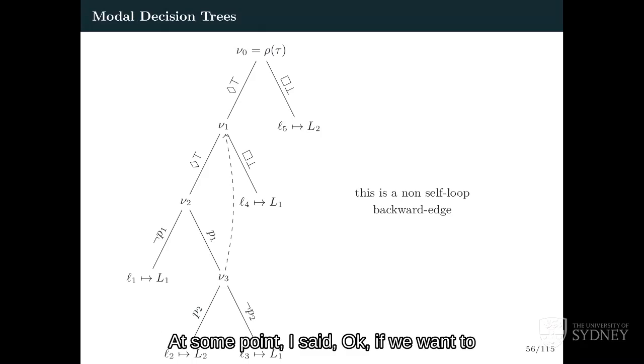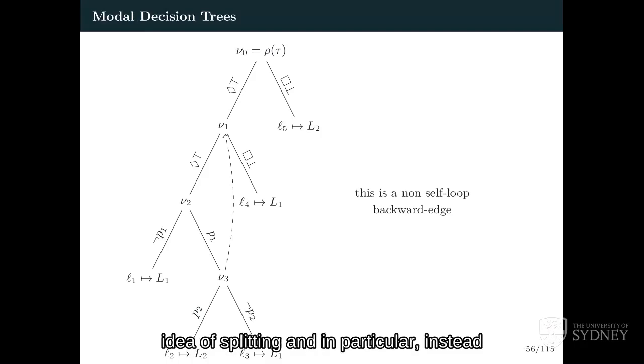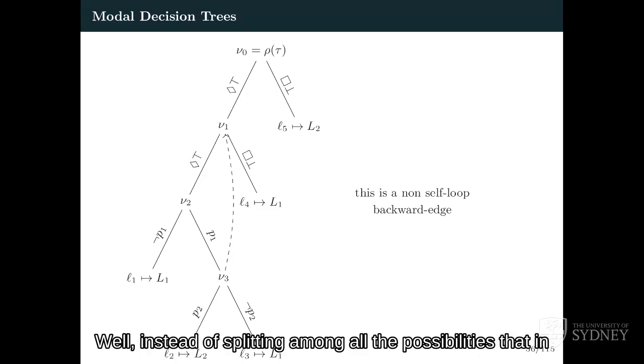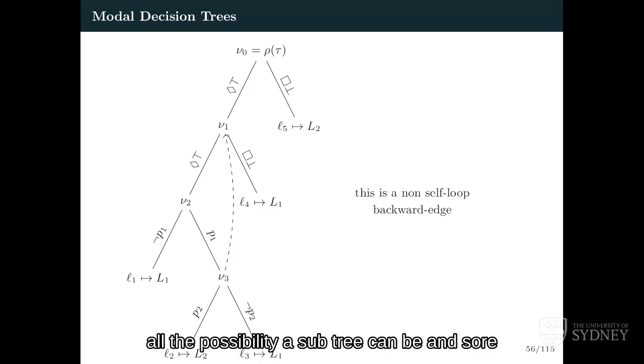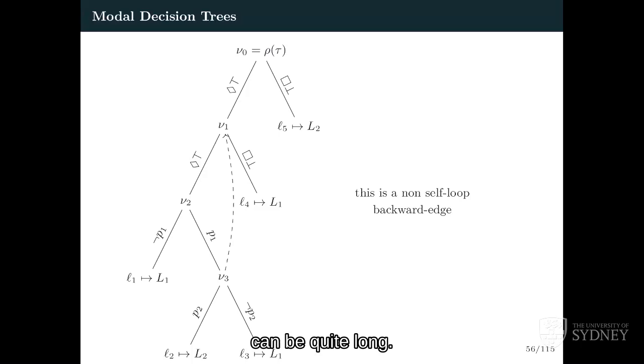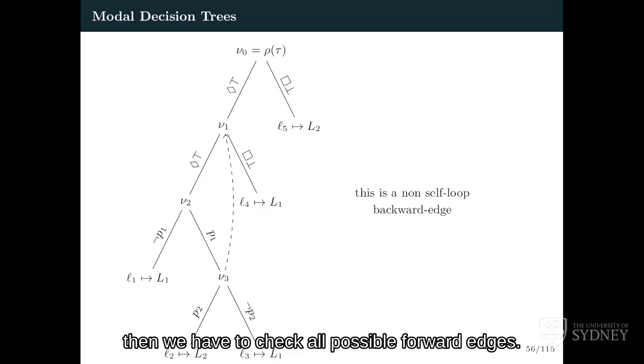At some point, I said, okay, if we want to learn these kind of things, we have to generalize the idea of splitting. Instead of splitting among all the possibilities in which two children can be, we have to split among all the possibilities a subtree can be, and a subtree can be quite long. We have to check all possible back edges, and then we have to check all possible forward edges.